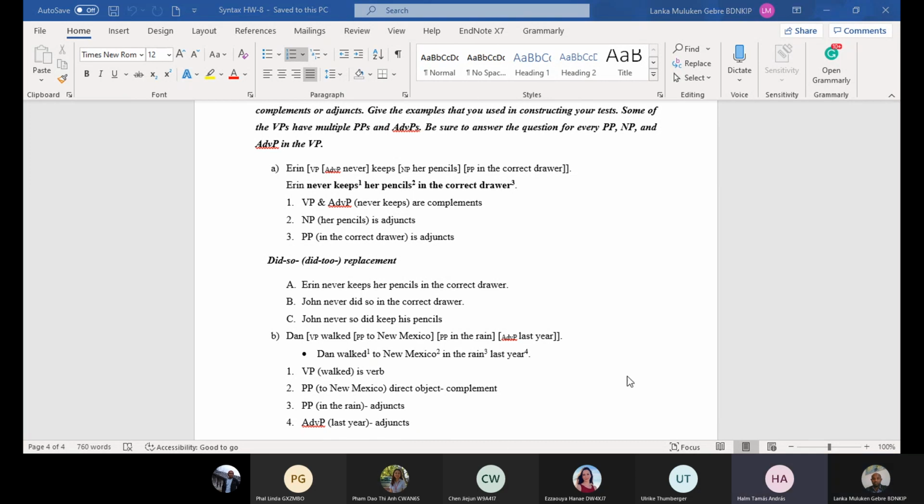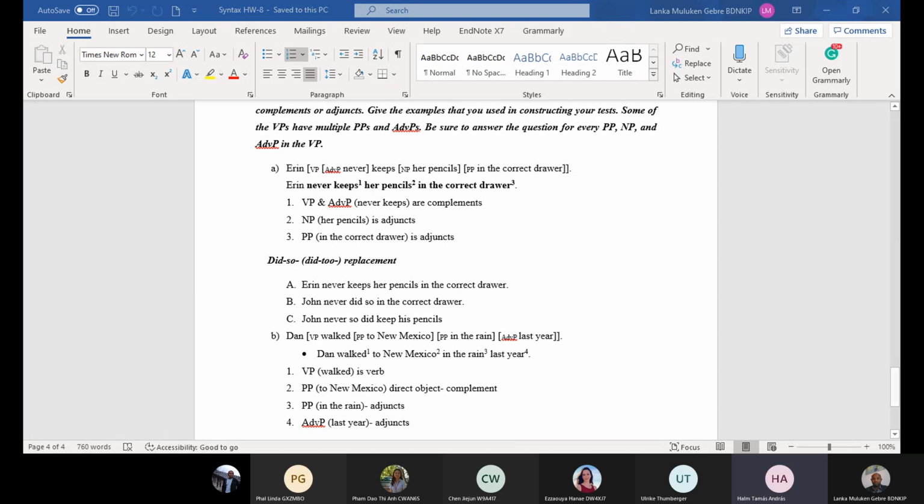Okay, let's discuss. So, okay, did so replacement. John never did so in the correct drawer. Actually, I'm not perfectly sure that this sentence B is grammatical. I don't know what the others think, but it's a bit shaky.